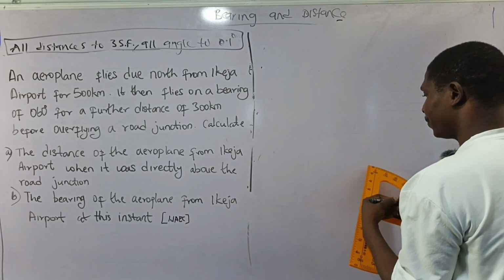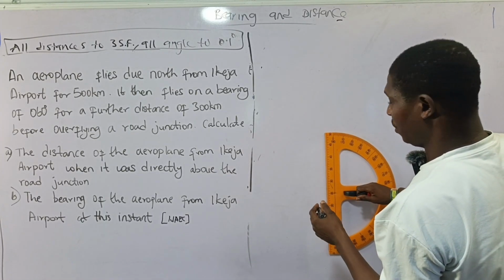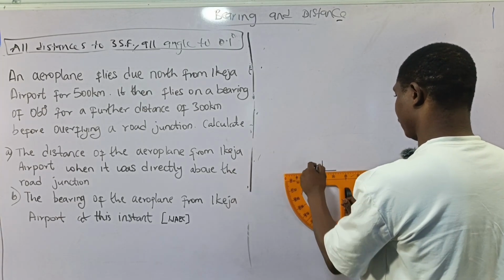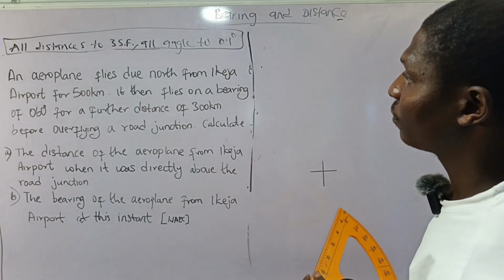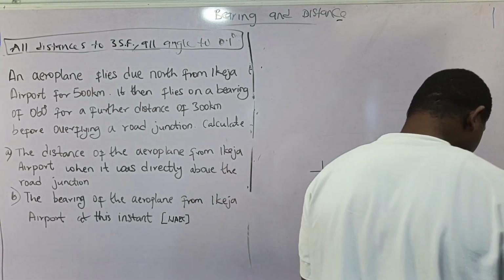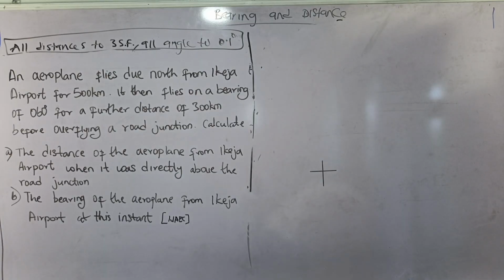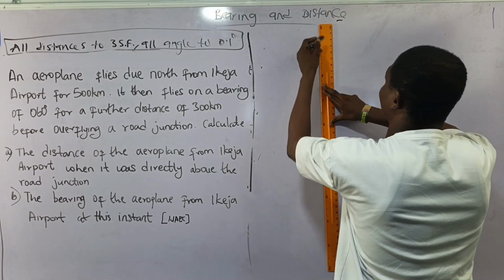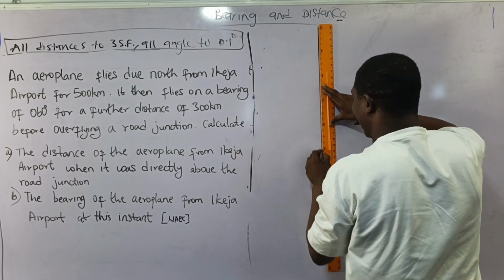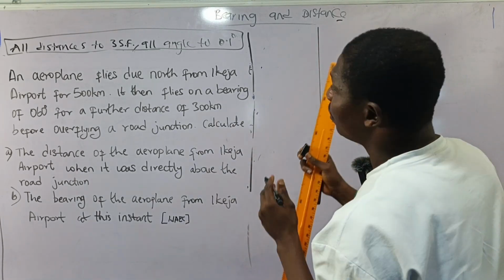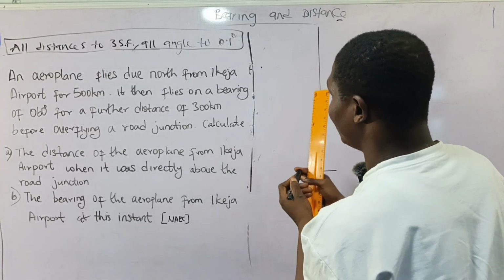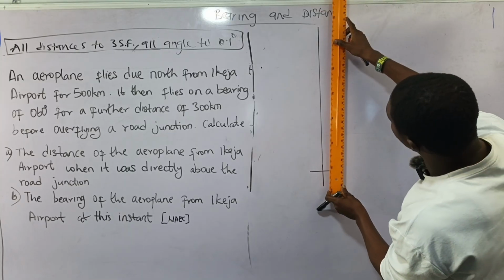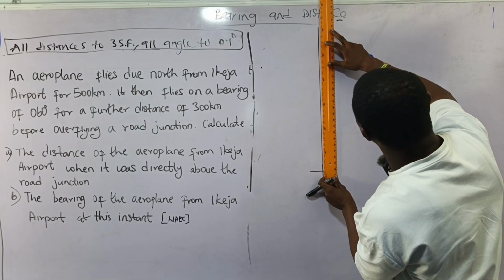Let's assume this is the airport. And it flies due north, so here should be straight. 500 kilometers, if I divide by 10, I'll have 50 centimeters in my ruler.